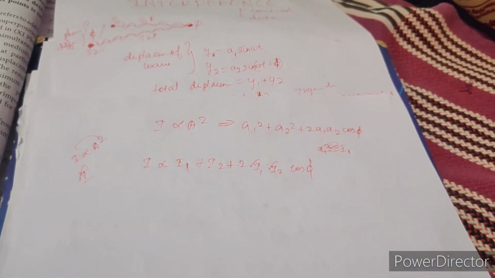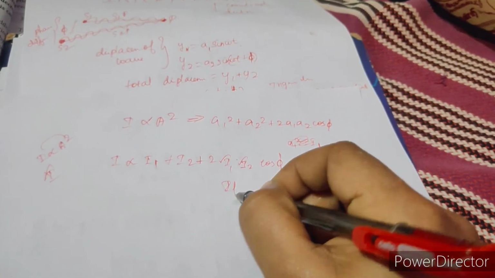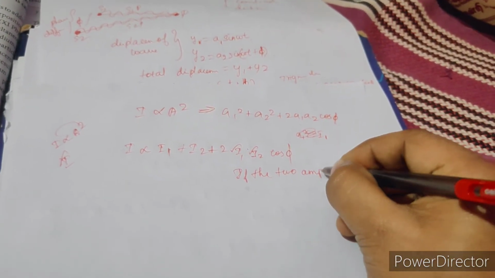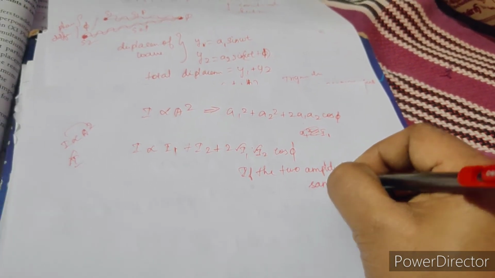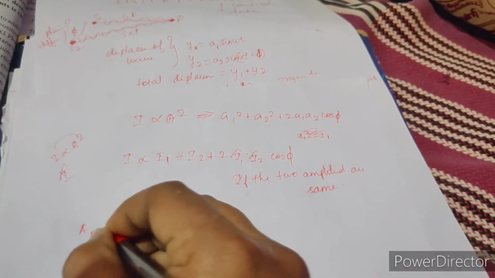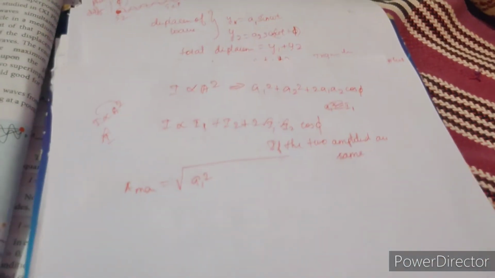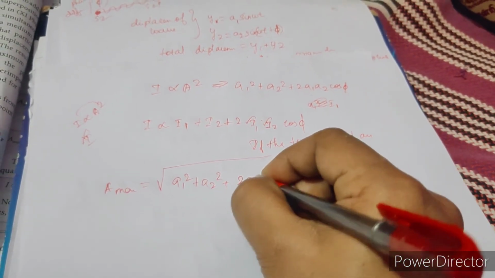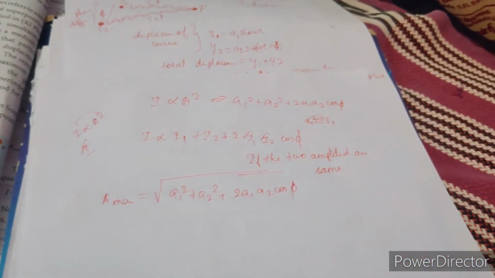Okay. So if the two amplitudes are same, A maximum is equal to A1 square plus A2 square plus 2A1 A2 cos phi. Okay, so this is the maximum amplitude value.